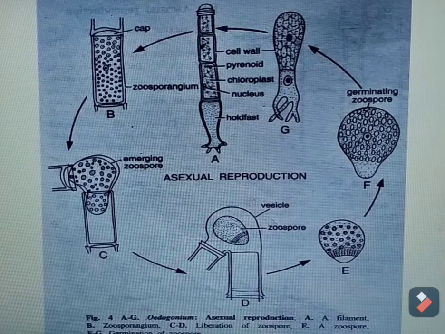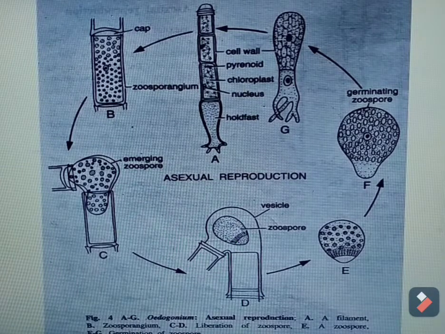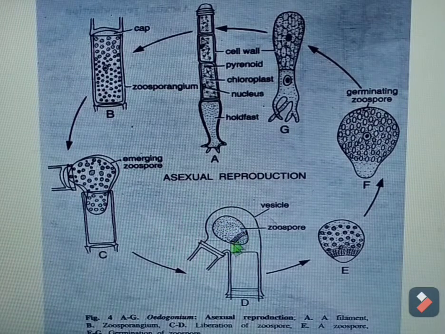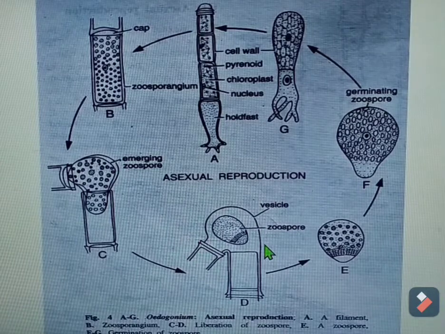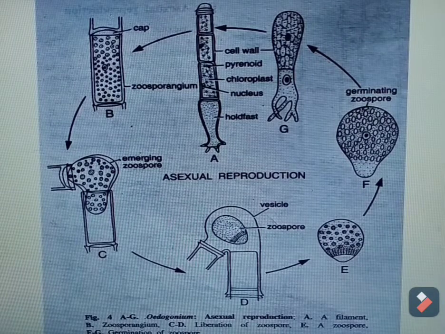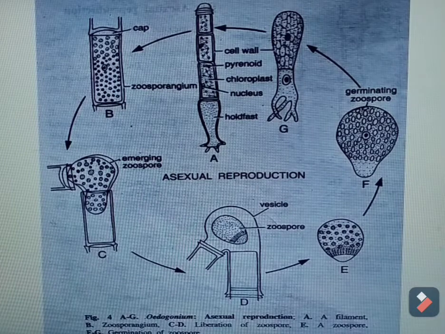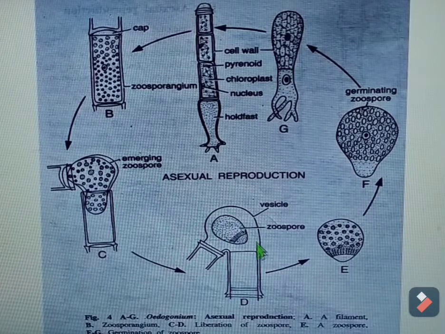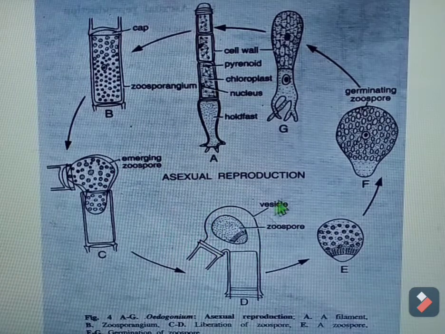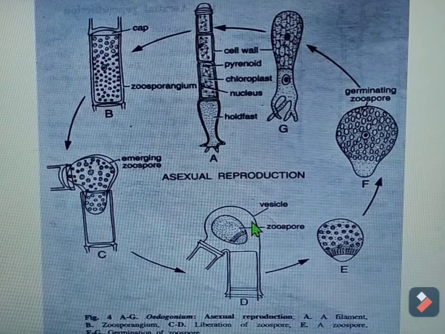And the zoospore comes out of the zoosporangium in a delicate mucilaginous vesicle, as you can see here. A vesicle is an air-filled swelling in a plant. In this alga you can see this air-filled swelling, the vesicle.